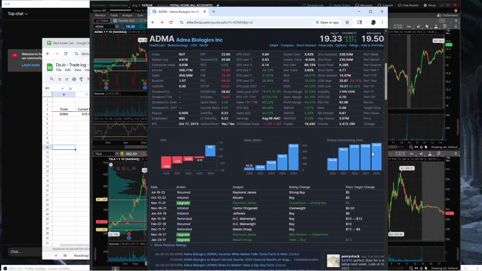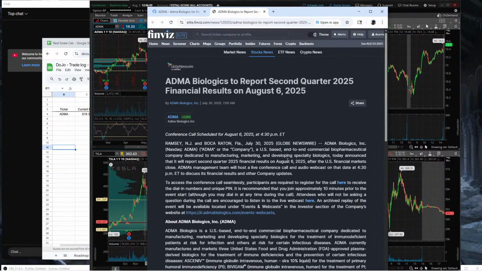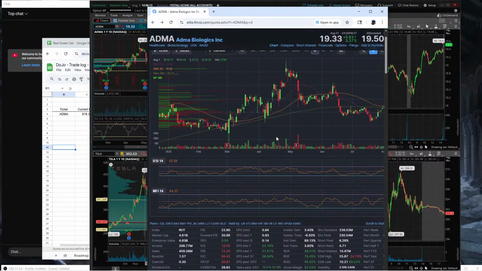Shares outstanding, it's steadily increasing. Sales shot up. I mean, it's almost a double. What is that, like 30 something percent, almost 40%. Second quarter results on August 6th. So we're coming right up into an earnings play here.